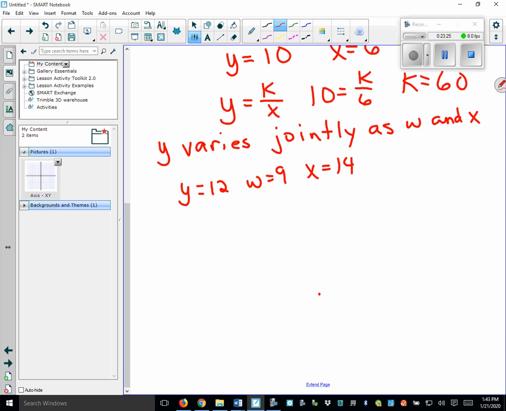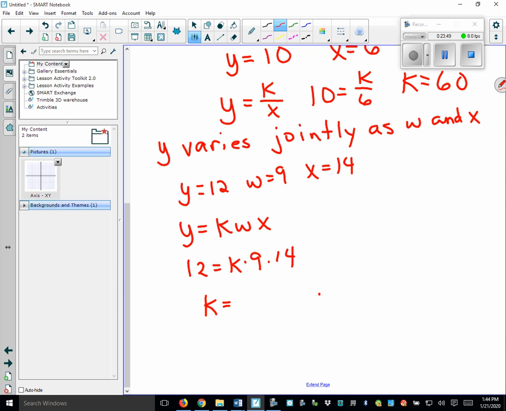What are we finding? K. Okay. So Y equals KWX. Correct? Yes. So 12 equals K times 9 times 14.